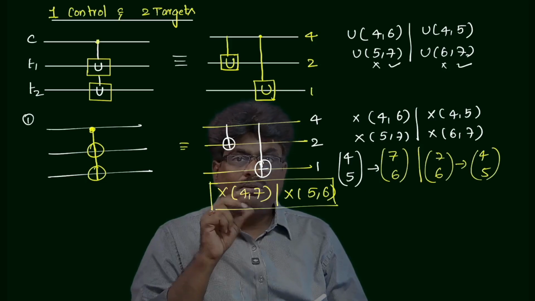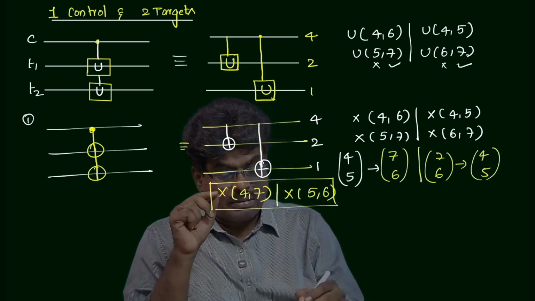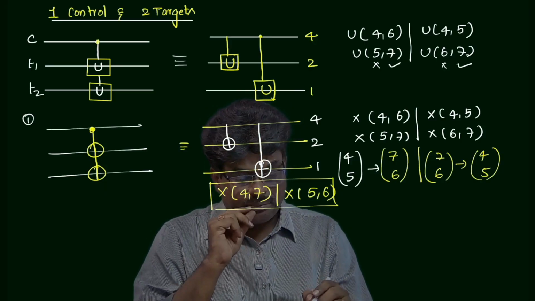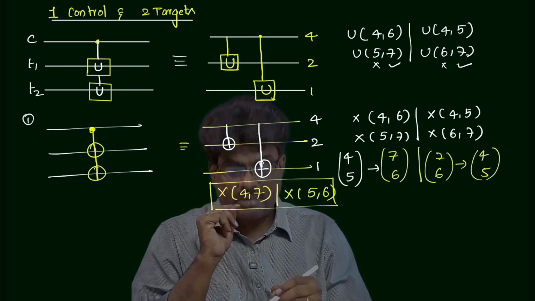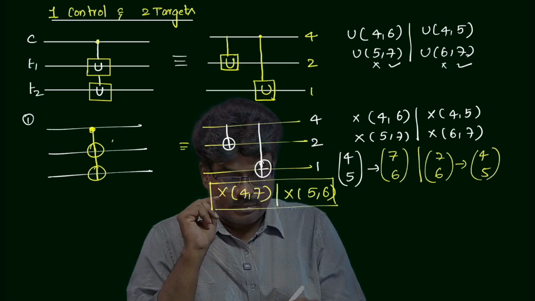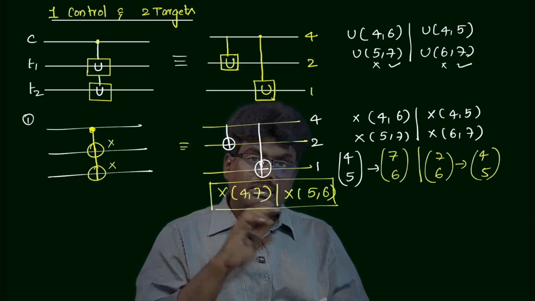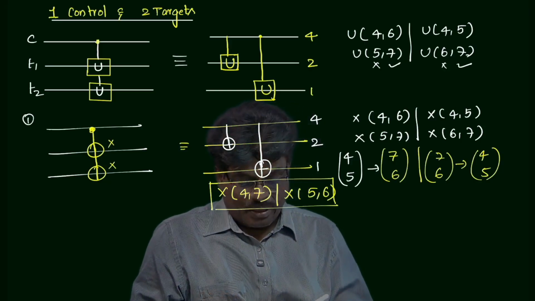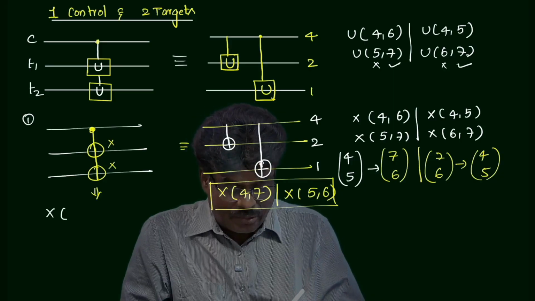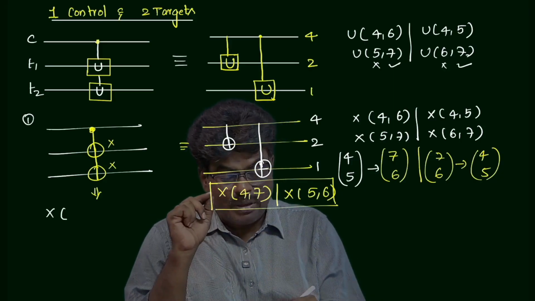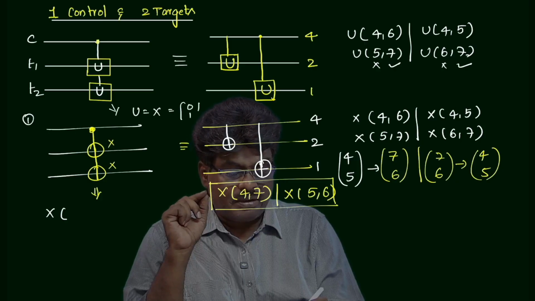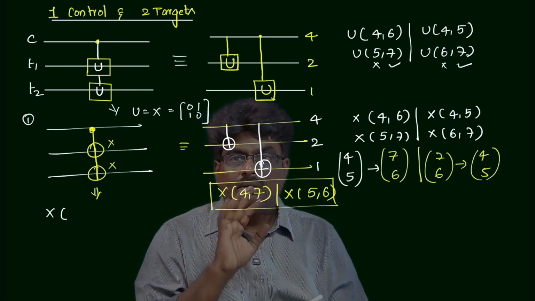So if you see one control and two targets, and those two target single qubit gates are equal to x, here it is a Pauli x gate. Then we are getting this answer like this. So we can write directly. This is possible only when u equal to x, that is 0 1 1 0, not for all, only for x.